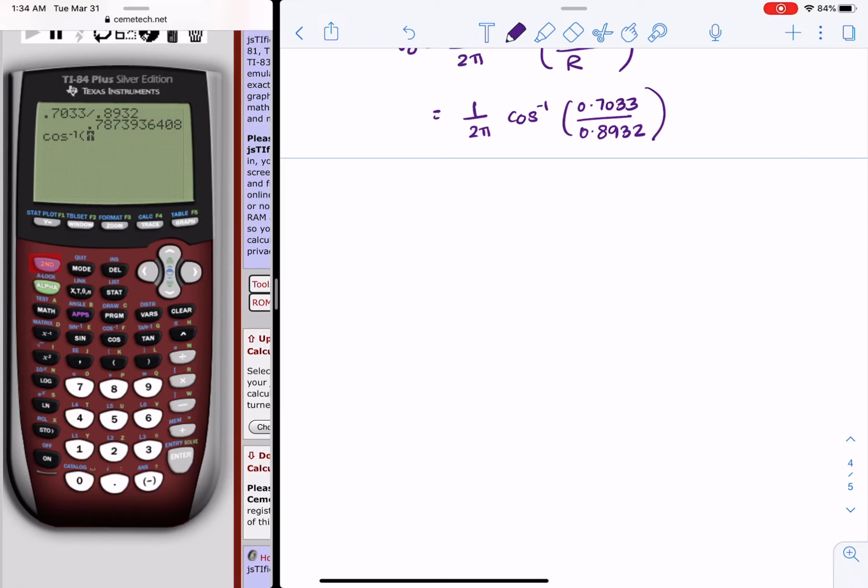And cosine inverse of the answer and divided by 2 times pi, which gives us the system frequency as 1.043. It simply means that in the periodogram there will be a peak at 1.043.